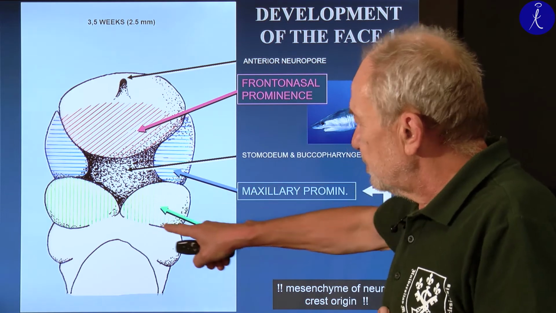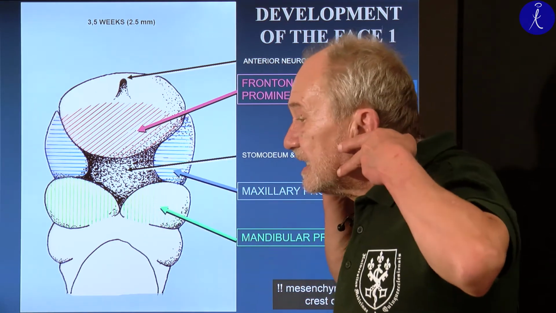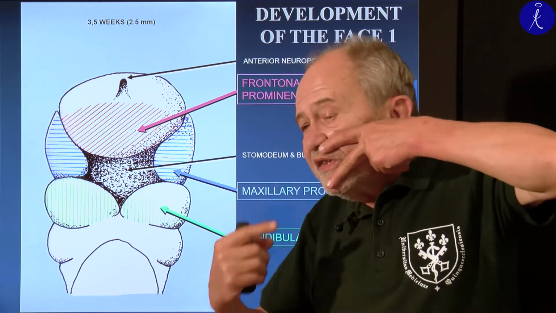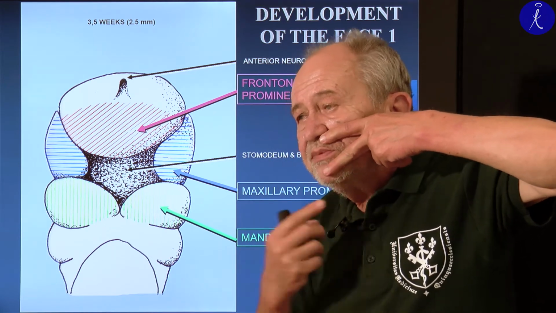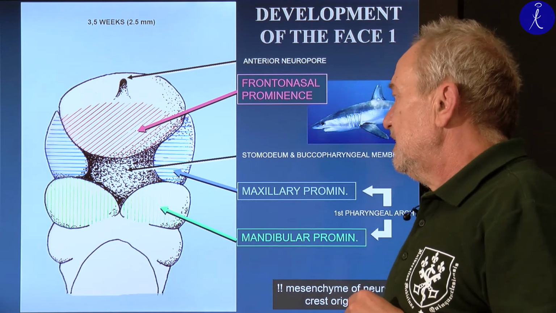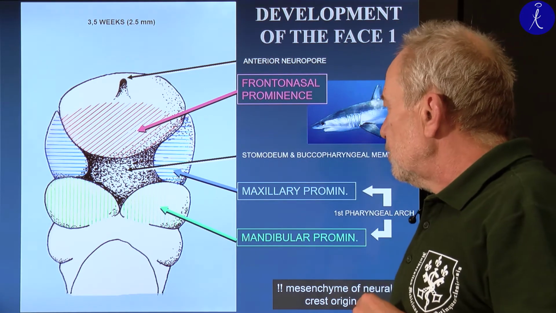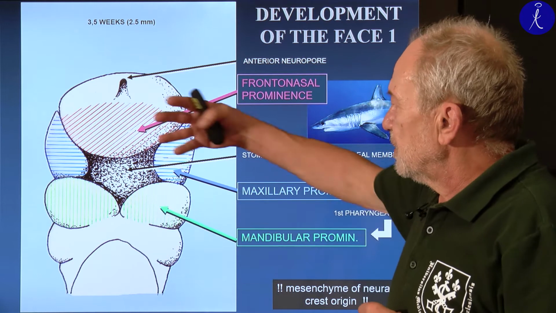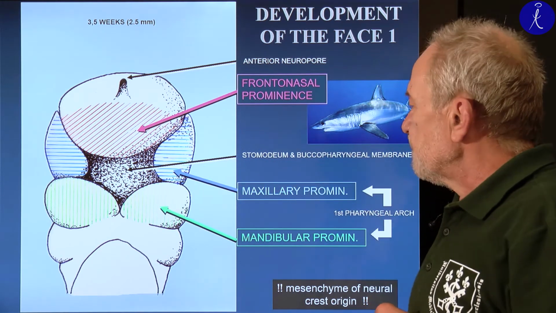The anterior branchial arch or pharyngeal arch anteriorly splits into two, and that's how the maxillary and mandibular prominences can go separately anteriorly. So with the fast growth, the stomodeum finally gets deeper and deeper and deeper.